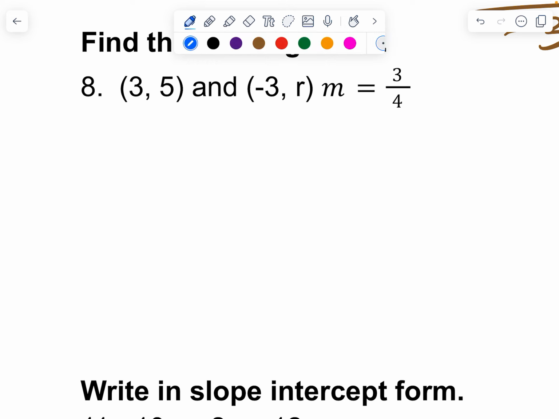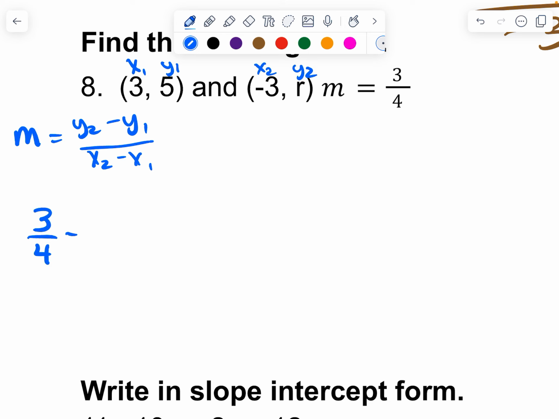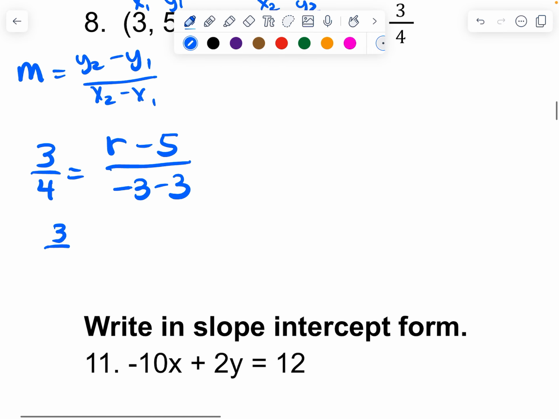Okay, so now we're going to be doing the same thing. I'm going to change colors though. We're going to do the same thing, except we're going to put in a variable in here. So this would be x1, y1, x2, y2. So we're going to replace the m with 3/4. r minus 5 over negative 3 minus 3. So that would get me 3/4 equals r minus 5 over negative 6.